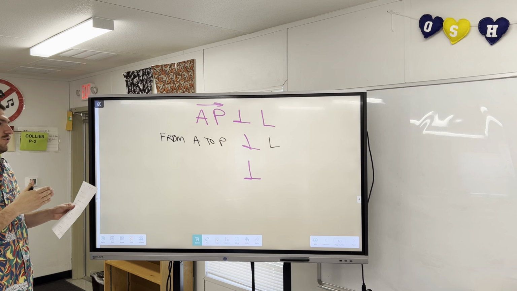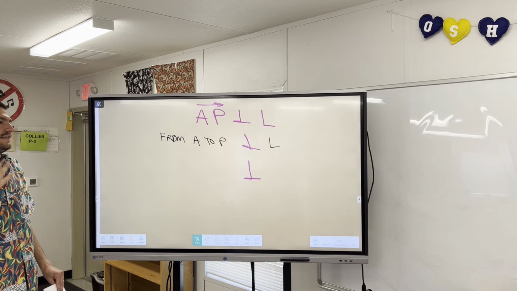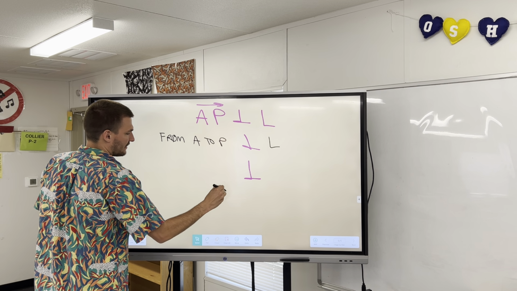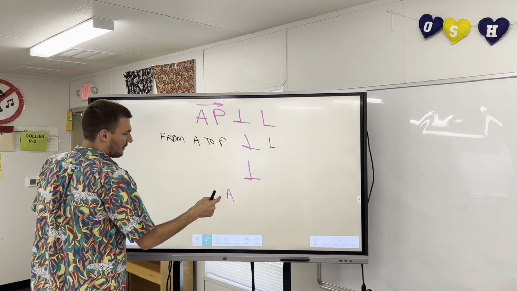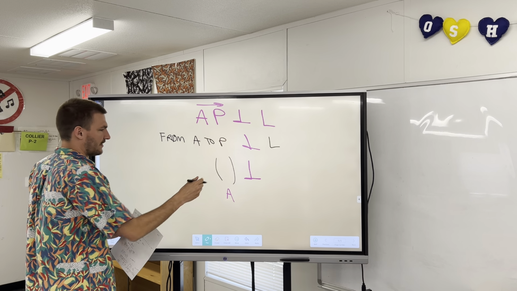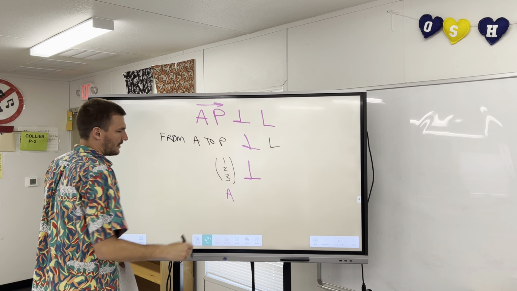So in order to find this, I'm going to start off by listing point A. Vector form here, the position vector, 1, 2, 3.